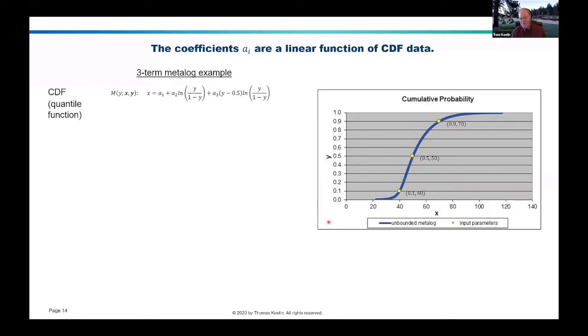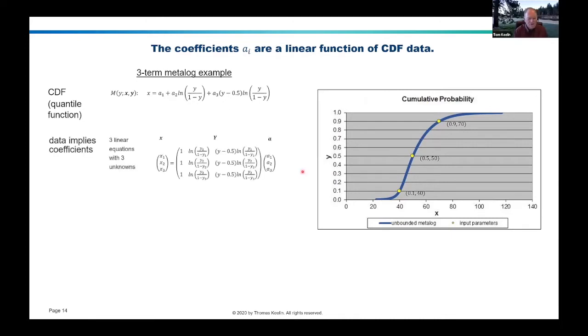But if you have those points and you want a probability distribution that at a minimum goes through all 3 of those points so that it can represent your data well, then what you actually have there is three linear equations and 3 unknowns, with y1 at 0.1, y2 at 0.5, y3 at 0.9, and they're linear in these A coefficients.